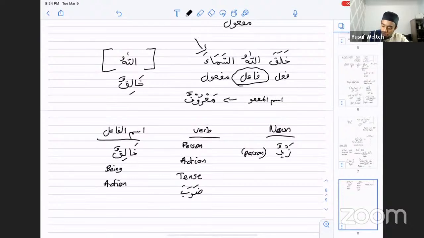It has an action, it has a person, but no tense. Whereas sama is playing the role of object, just regular maf'ul. It's not on any pattern. It doesn't look like maf'ulun. It's just as-sama, a regular noun playing the role of an object. Does that make sense? Yeah, that really cleared it up. Thank you.